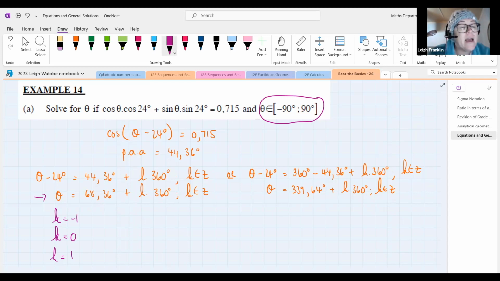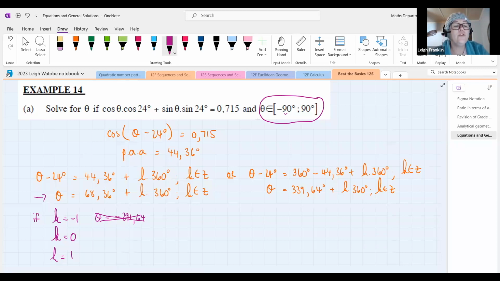So if k equals -1, we get a value for theta of -291.64. But that's too small because it's much, much smaller than -90. So that is not going to be a solution in this case.